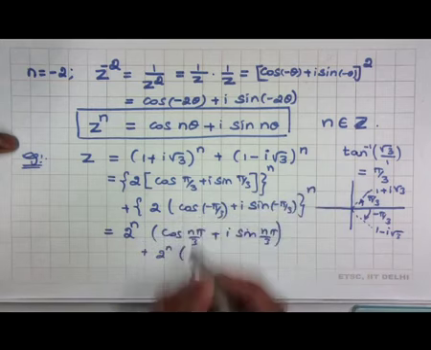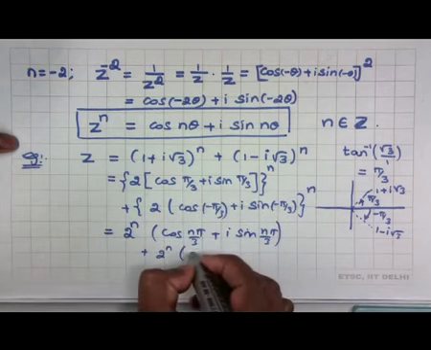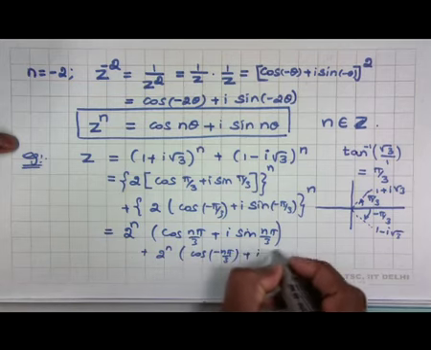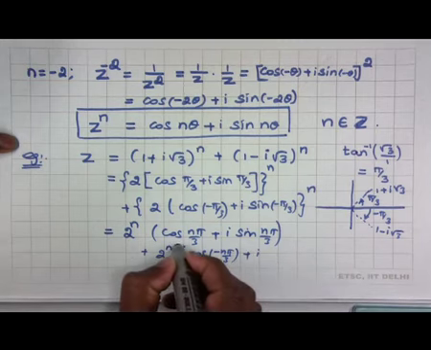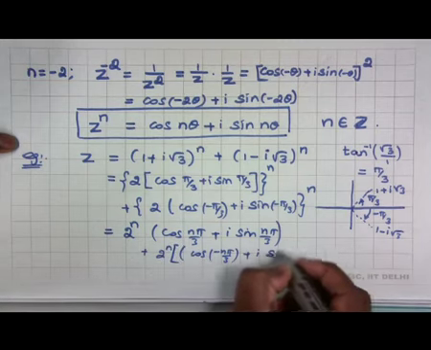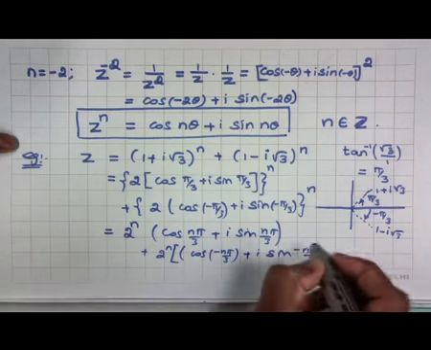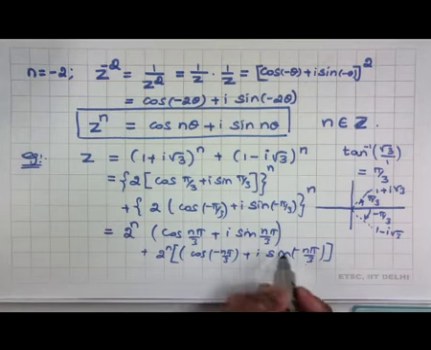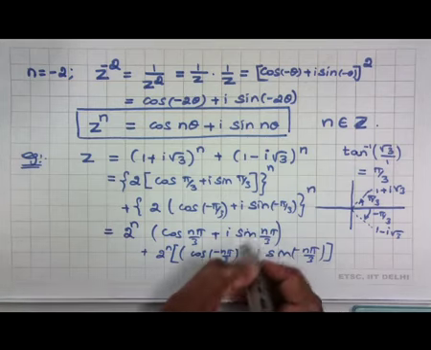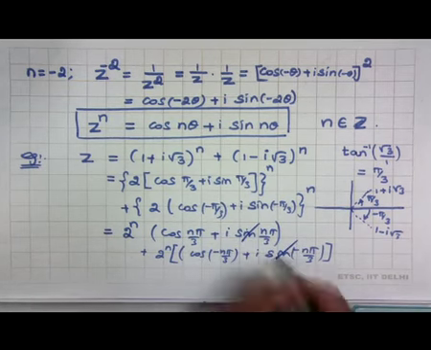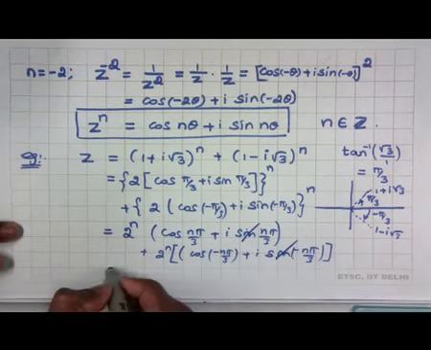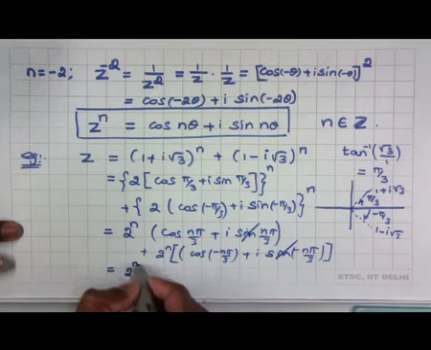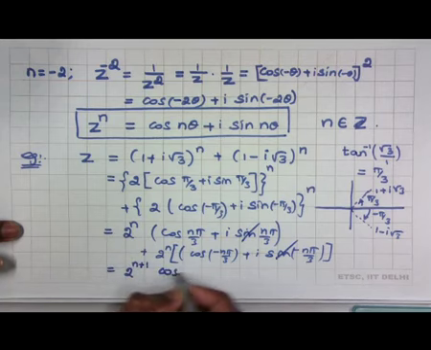So, applying this formula again, we see that it is cos of minus n pi by 3 plus i sine of minus n pi by 3, and after using the fact that cos is an even function and sine is an odd function, these two factors get cancelled and we get twice this term, which is 2 to the power n plus 1 cos of n pi by 3.